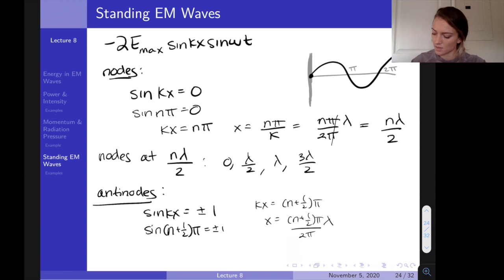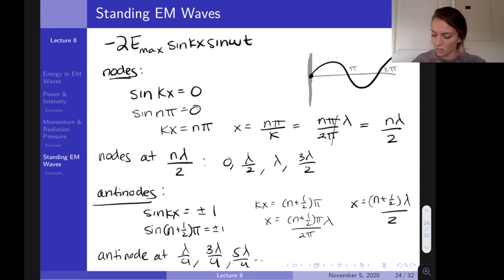And this cancels to give us values of x at n plus 1/2 lambda over 2. So that means we're going to have an antinode at lambda over 4, 3 lambda over 4, 5 lambda over 4, and all the odd integers then. So here are our antinodes, and here are our nodes for the electric component of the standing wave.